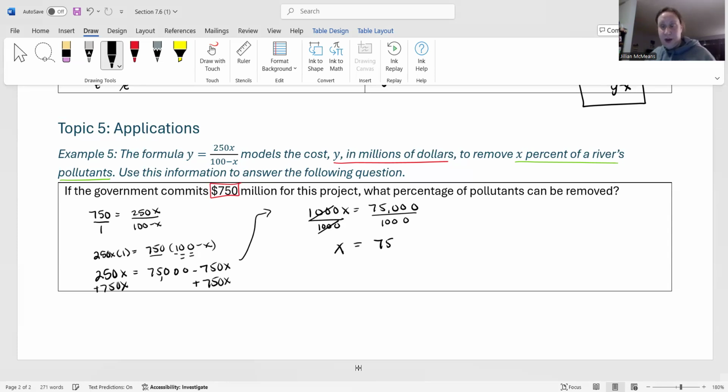75 what? Okay, whenever you have a word problem, you always need to describe your answer. So at minimum, you need to say 75%. And then a better way is to actually describe it in a sentence.